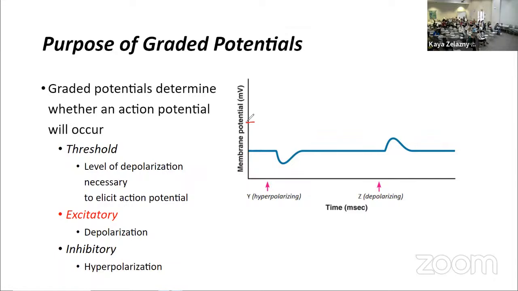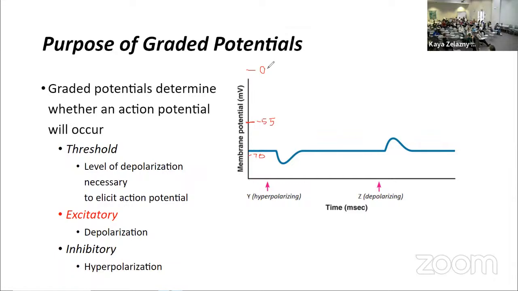The formal way we would describe that threshold is this: it is the level of depolarization necessary to elicit an action potential. It's depolarization because we're at -70 and this is -55. Zero would be up here somewhere. When we say we're depolarizing, it's not polarized if you're at 0.